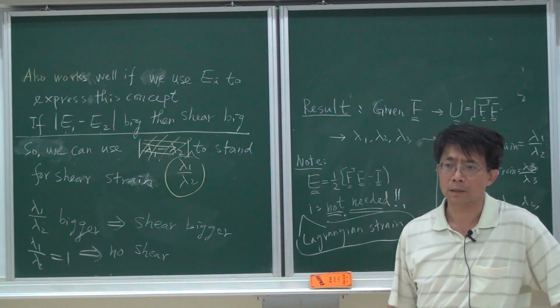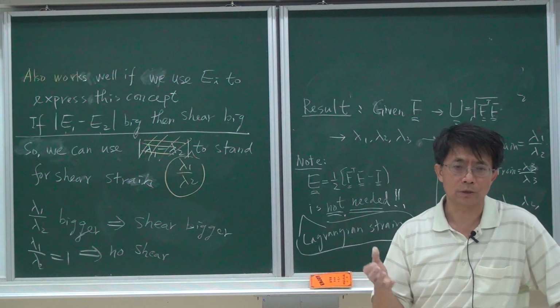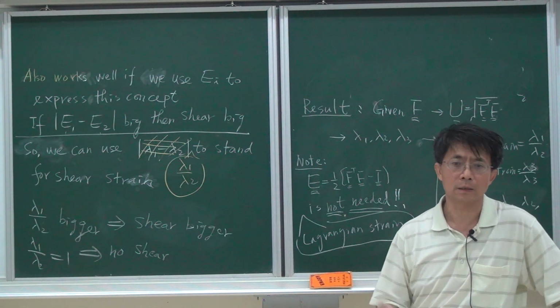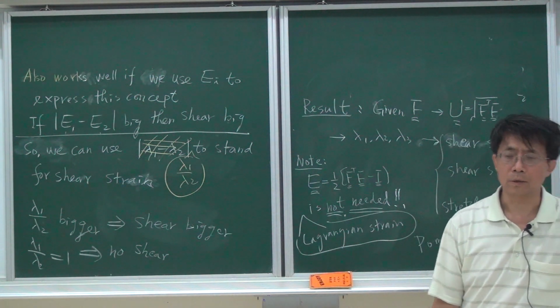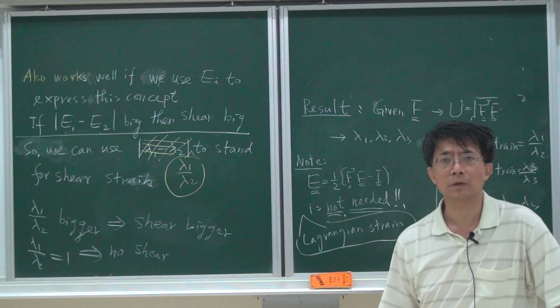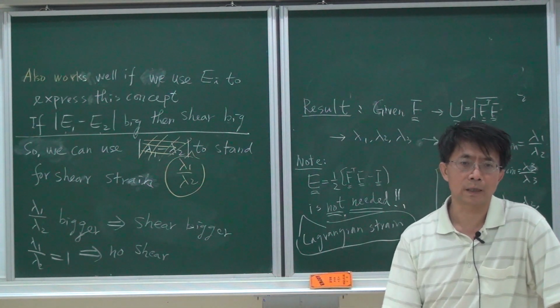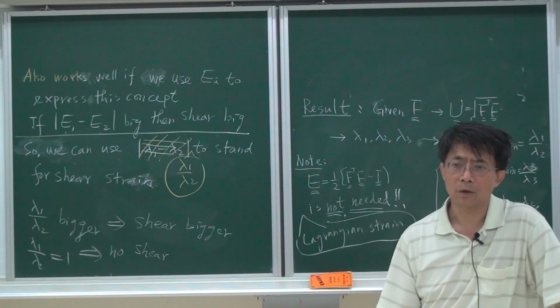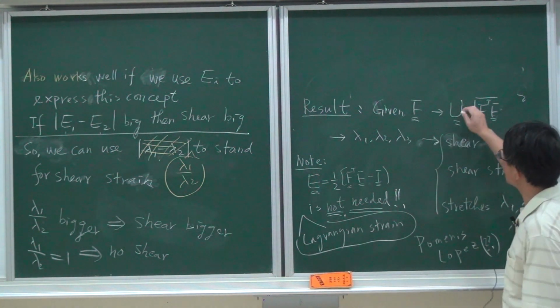At least he didn't use the components of the Lagrangian strain as the shear strain, nor did he use the principal value of the Lagrangian strain, because all of these concepts are not needed. Okay, what we need is the concept of U.